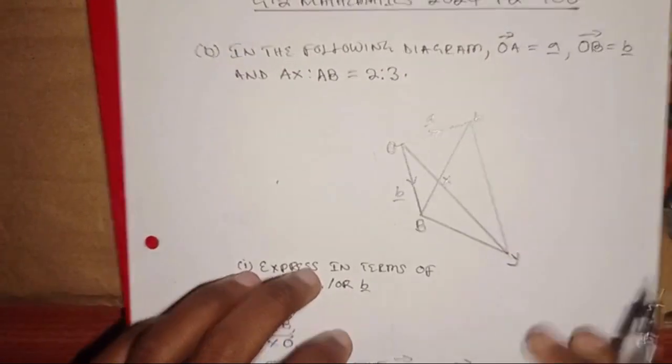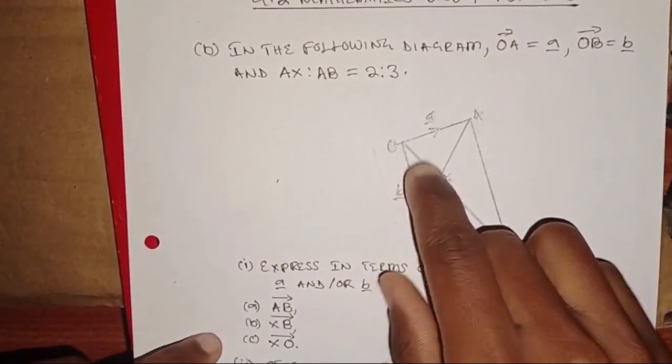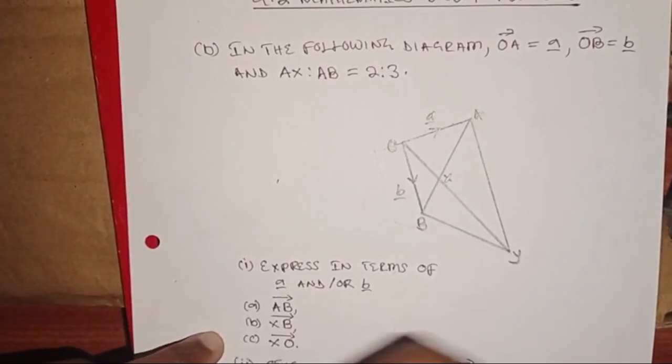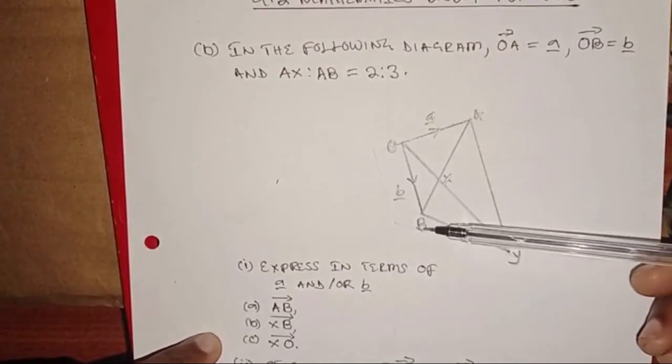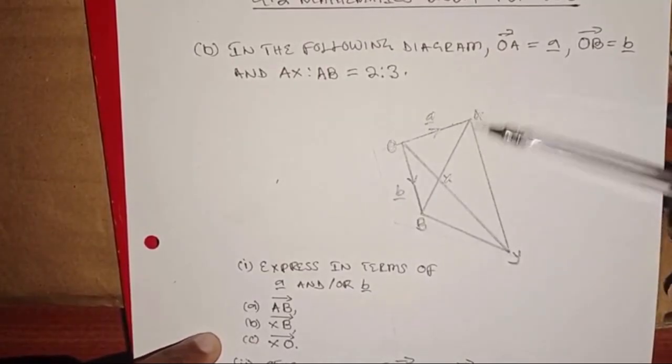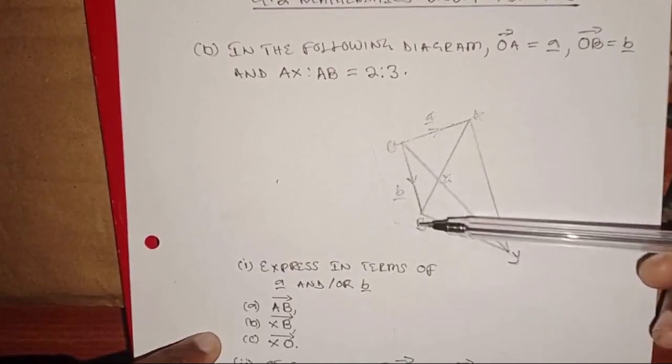So AB. If we look at the vector here, how in the world are we going to travel from A to B? As you can see, this is A, this is B. So we can use this movement: AB equals AO plus OB.